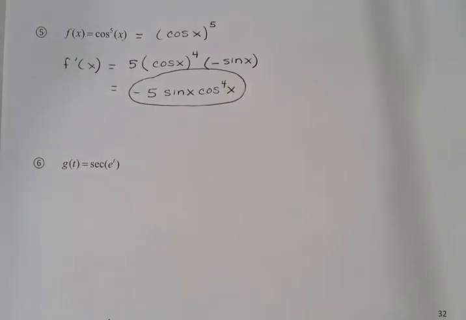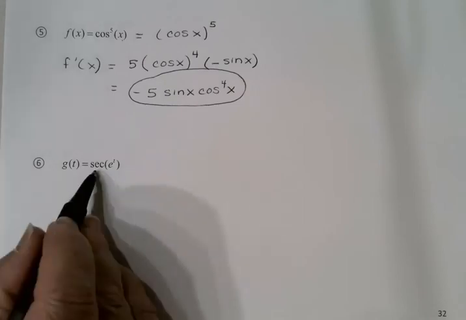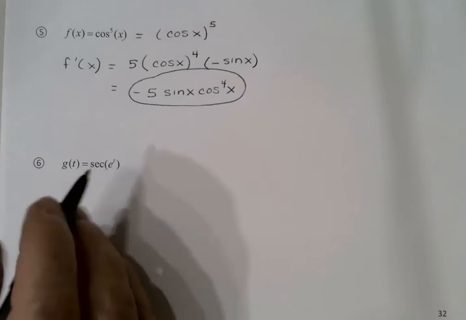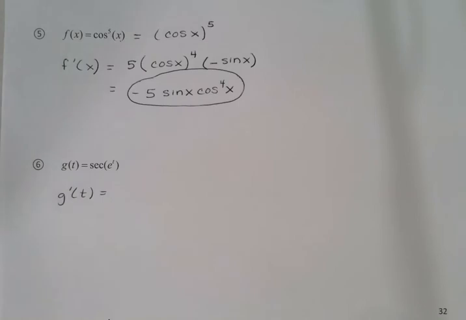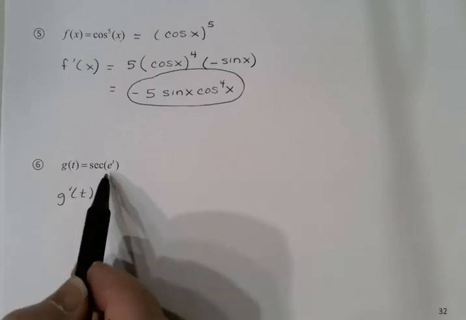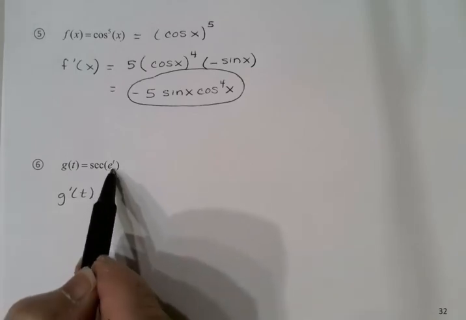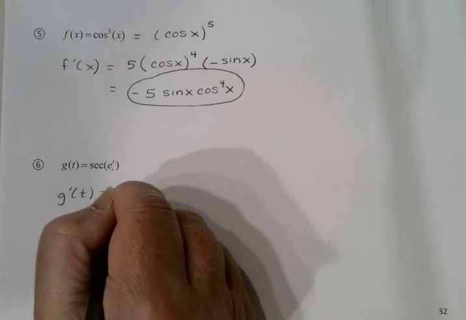All right, number 6, secant of e to the t. Secant is definitely my outer function, so I'm going to differentiate that first. And remember that the derivative of the secant function is secant times tangent. Both the secant and tangent in the derivative will retain the same argument. That e to the t is not going to change here.